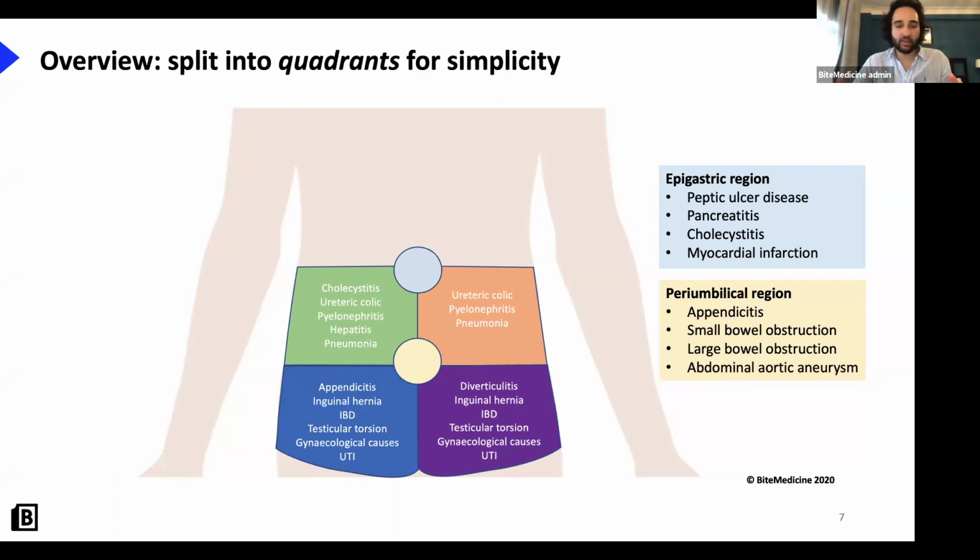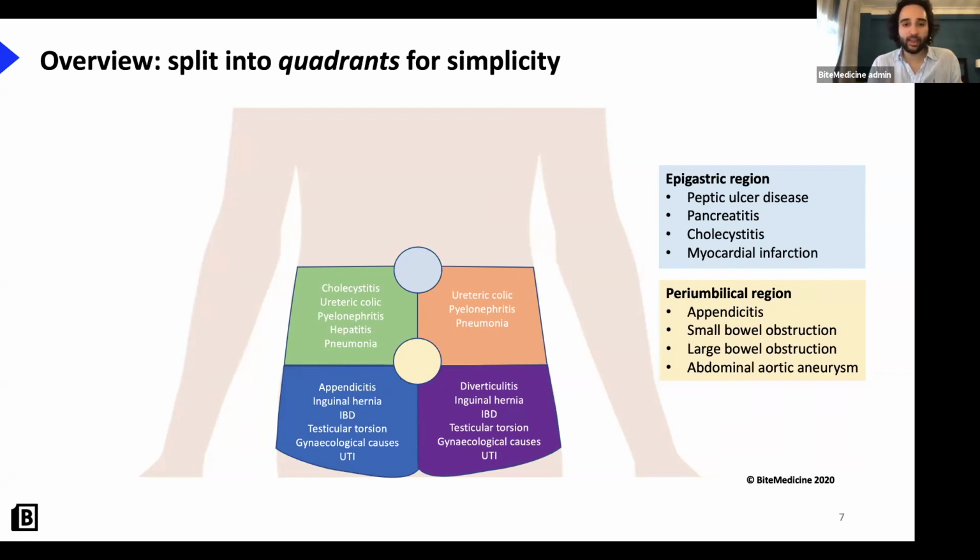So I've put this diagram here that we've made, and this is a similar approach we're going to be using. We've split it into quadrants rather than lumbar region, hypochondrium, and iliac fossa, just to keep things straightforward. But it's going to be very interactive. I'm going to be asking you guys questions. We'll be going through interactive questions on Mentimeter as well, taking you from the absolute basics and working our way up to more complex diagnoses.